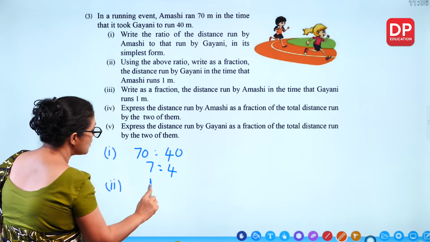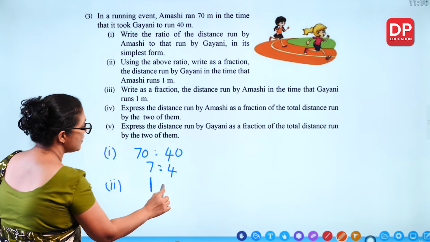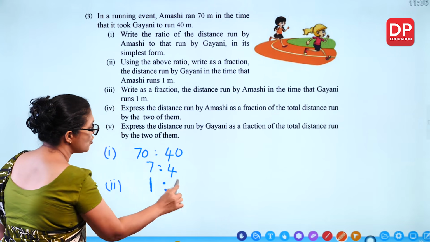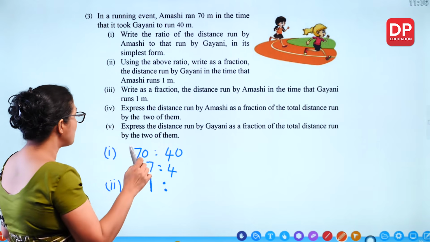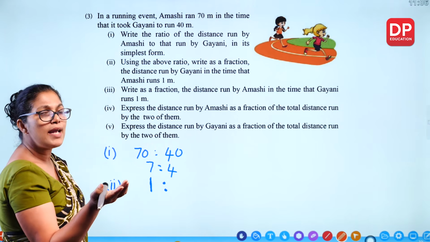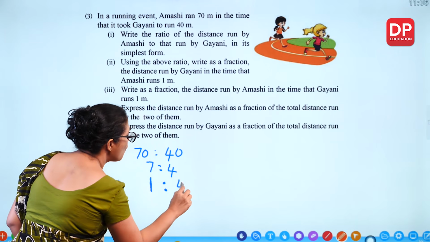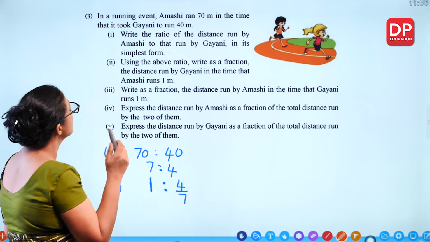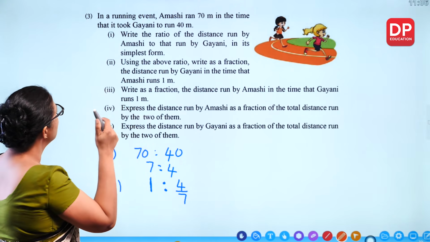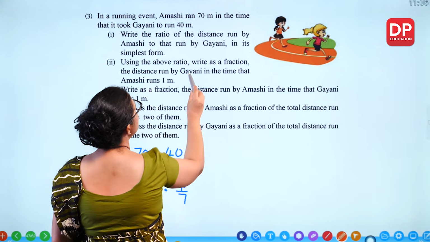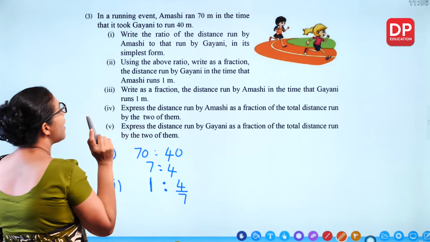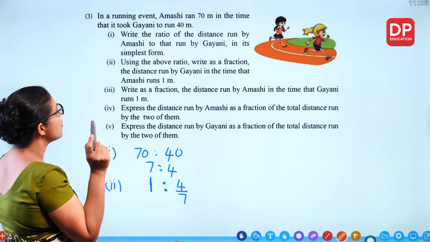So if this is 1, they are asking what's this ratio? How you get 1 from 7? Divide by 7. So 4/7. So that's the distance run by Gayani in the time that Amashi runs 1 meter.